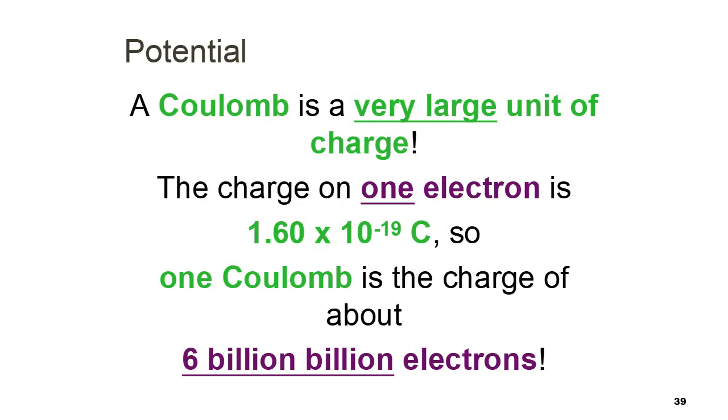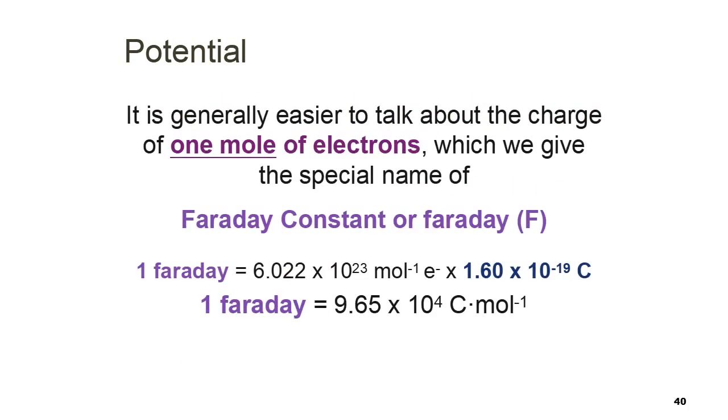The charge on one electron is 1.60 x 10^-19 coulombs, so 1 coulomb is the charge of about 6 billion electrons. It is generally easier to talk about the charge of 1 mole of electrons, which we give the special name of Faraday constant, or Faraday, represented by capital F.